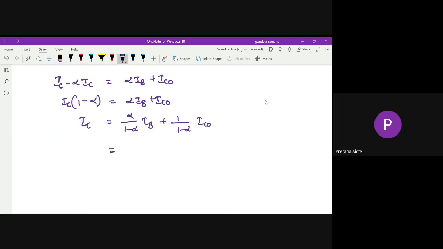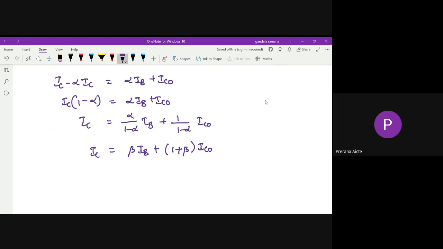That is beta: beta is equal to alpha by 1 minus alpha. And 1 by 1 minus alpha is gamma, which in terms of beta is 1 plus beta. So IC is equal to beta IB plus 1 plus beta times ICO.